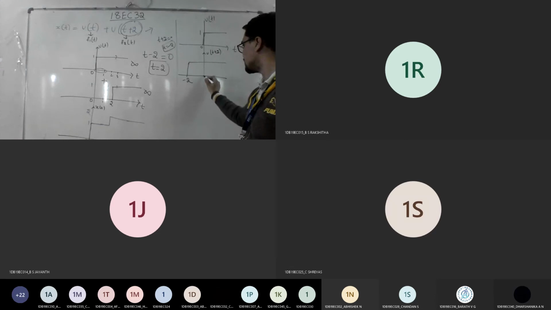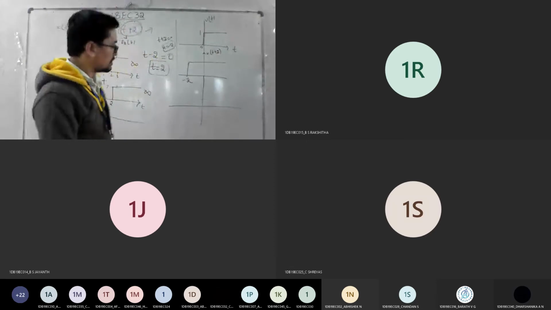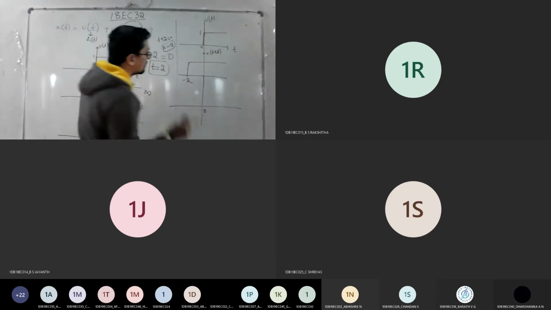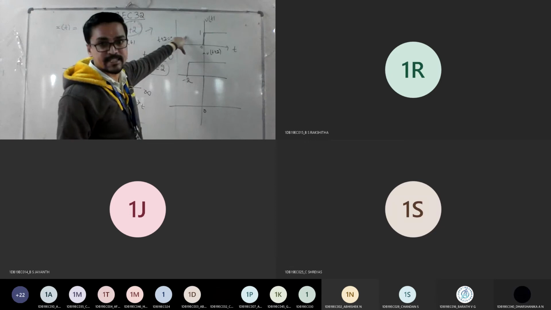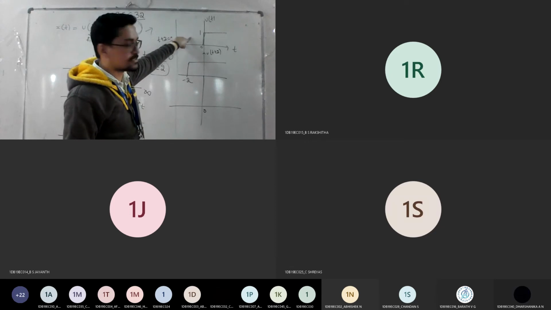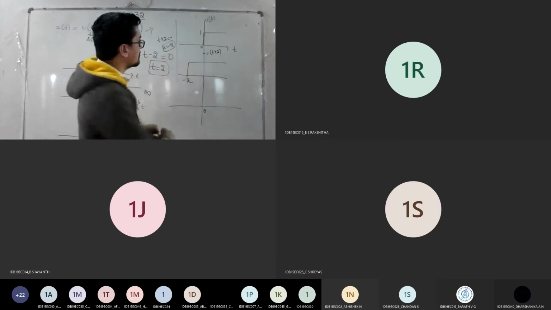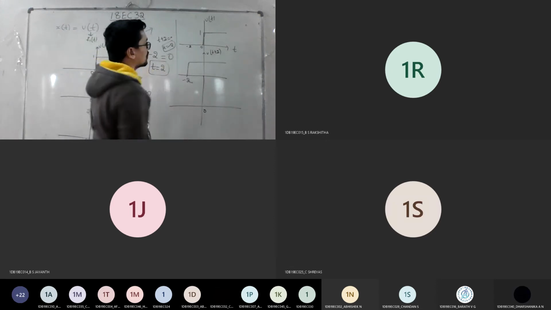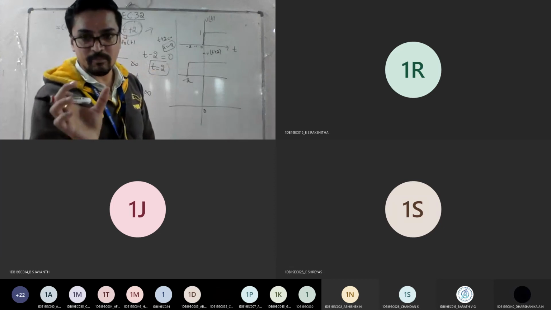So now the task is I should add this and tell me how the answer comes. It is starting from minus 2, but here there is nothing. It means this plus this. So we will consider here also minus 2. So minus 2 to minus 1. See, at a time you should not take the complete interval, take one by one.